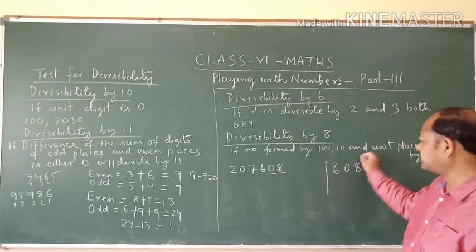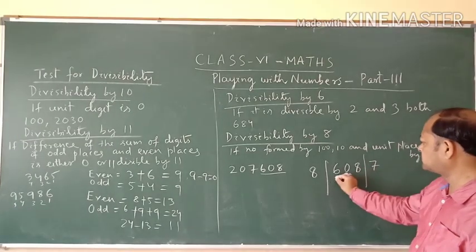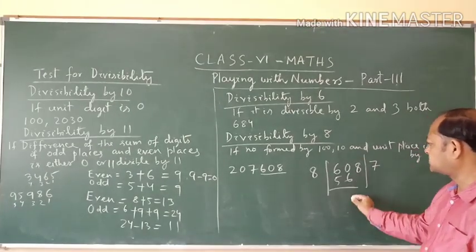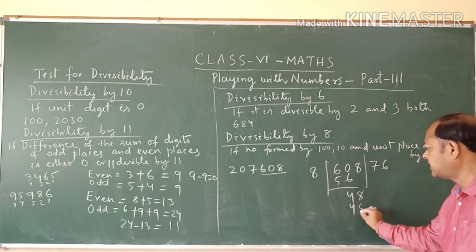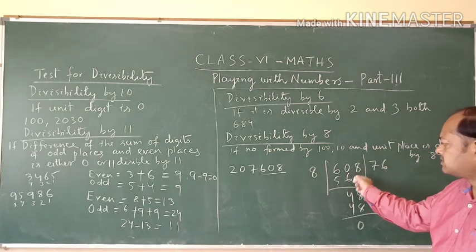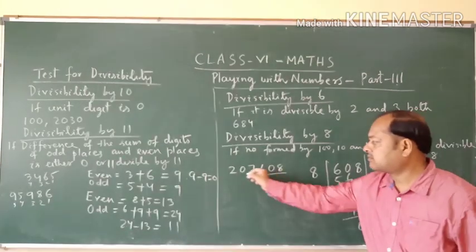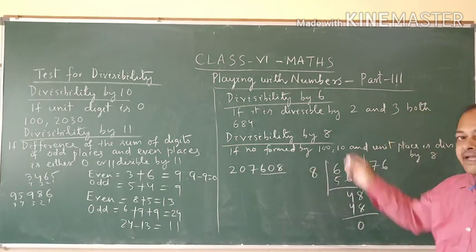Let's divide it by 8. 8 times 7 is 56, 60 minus 56 is 4, then 48, 8 times 6 is 48. The remainder is 0. So we see that the number 608 is divisible by 8. That means the whole number 207608 is divisible by 8.